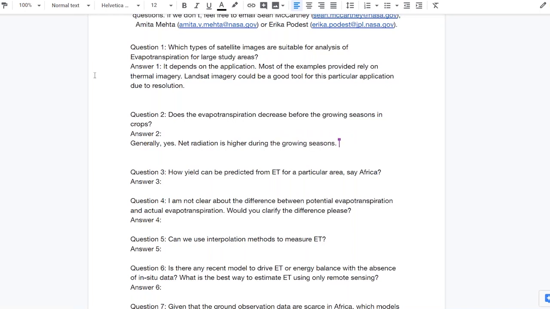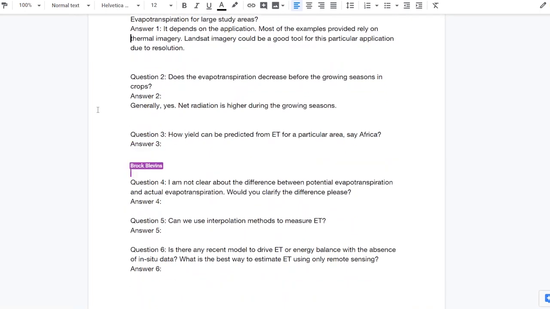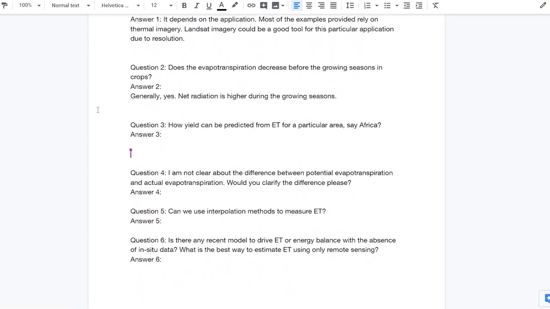Great. Question 3: how can yield be predicted from ET for a particular area, say Africa? Yeah, the hardest part with trying to predict yield is you really need good observed yield from previous years to build relationships. If, say, we have 20 years of evapotranspiration data and 20 years of good quality yield data at the field scale, you can start to build machine and deep learning methods to try to predict yield.